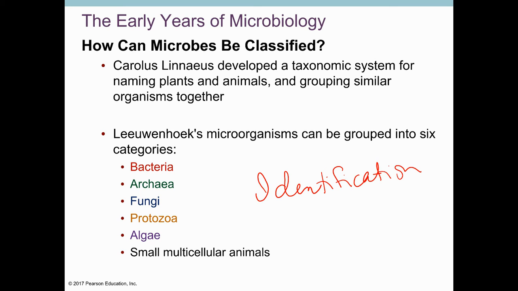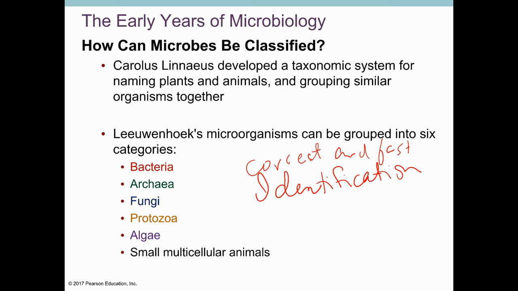Not just correct identification, but correct and fast identification is probably the most important, so that the patient doesn't continue to get sick while you're trying to identify it. We want to correctly and quickly identify a pathogen that's causing somebody's disease, so that we can go to the correct treatment right away.